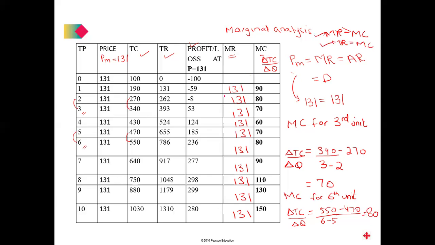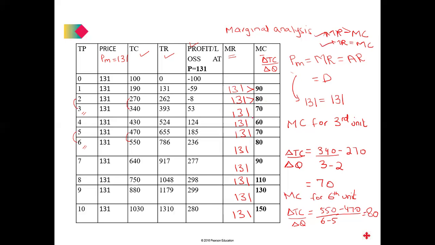We will start with production level 1. Here you can see that MR is 131, whereas MC is 90, so marginal revenue is greater than marginal cost. In the second level of production, marginal revenue is 131, whereas MC is 80. Here as well, marginal revenue is greater than marginal cost.